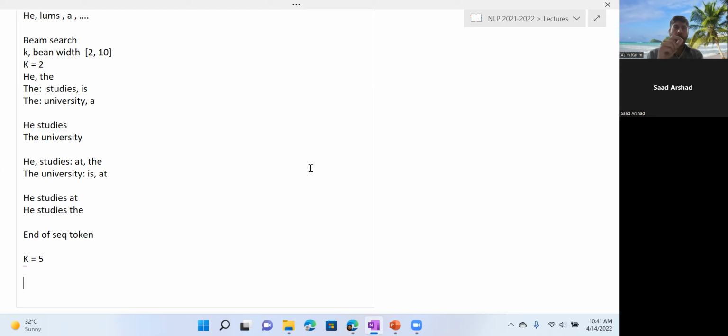Here, of course, in general, the sequence will depend on the whole preceding words. The optimality will depend on the entire preceding words. Okay? So this was beam search.